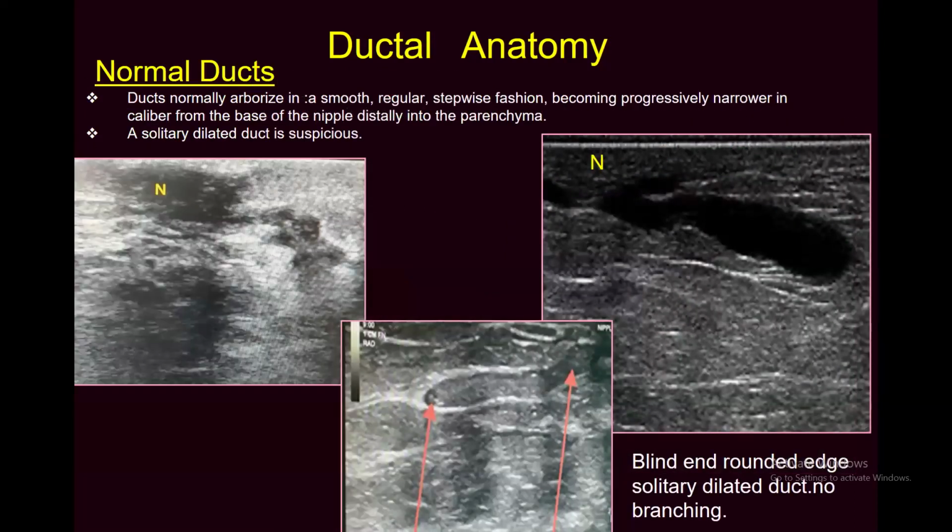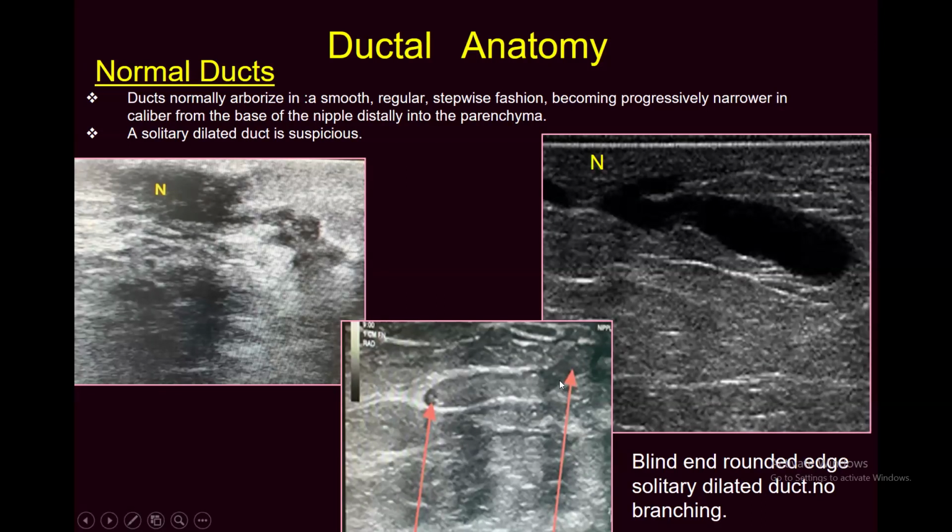Okay, again, we mentioned the duct has to be smooth and tapered toward the parenchyma. It should be smaller toward the parenchyma. But these two examples, can you see it here? It has a blunted, rounded edge rather than smooth tapering. So these are suspicious.